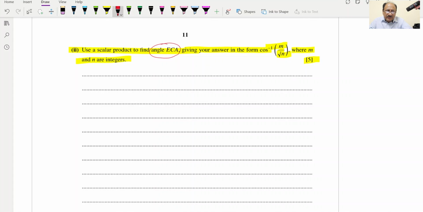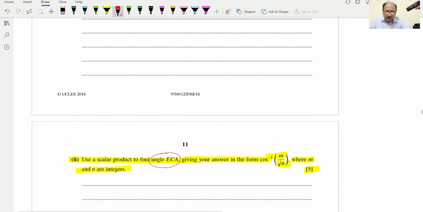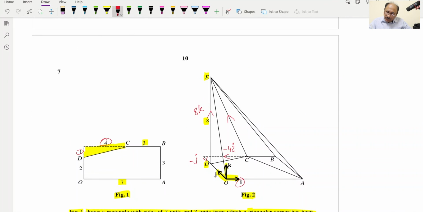Angle ECA will be this angle. The two sides we will be considering are this side and this side. We will take their dot product and apply the cos formula.